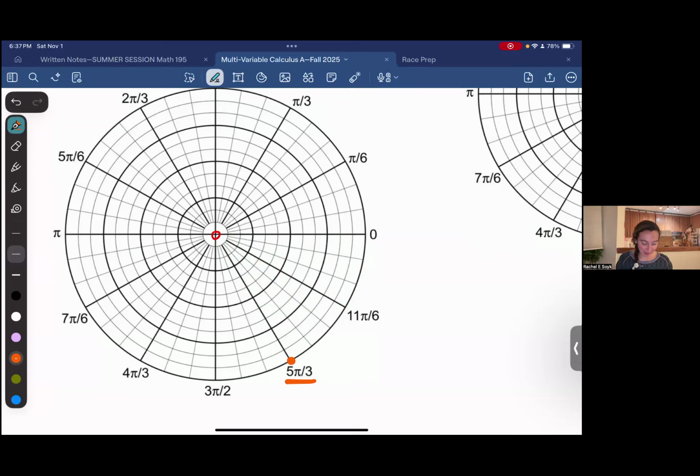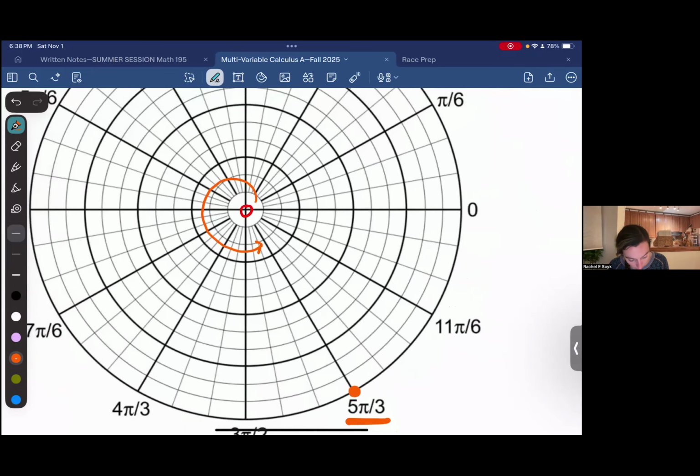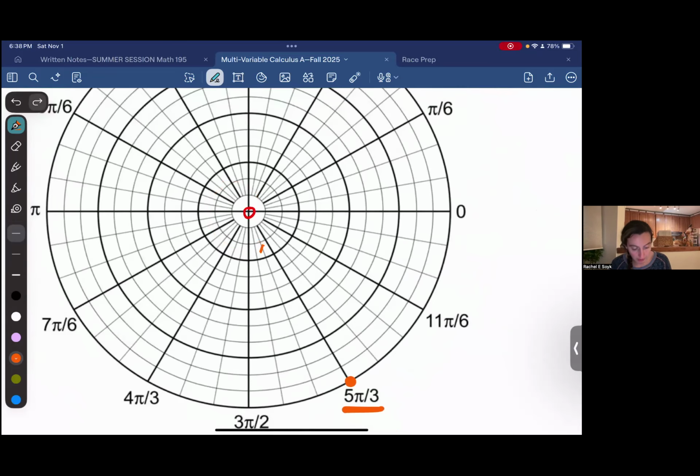All right, so now we're ready to plot it. I think I might stick with the orange because you guys could see it pretty clearly. So we stem from the origin, we're going all the way to 300, and now our radius is 3. Using our concentric circles, from the origin, we go out 3 units.